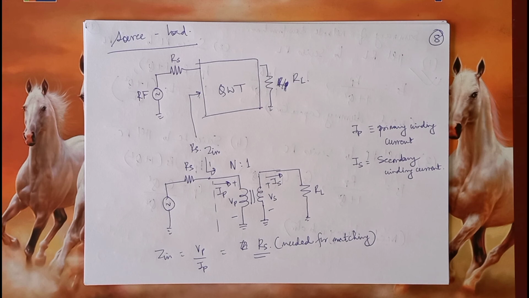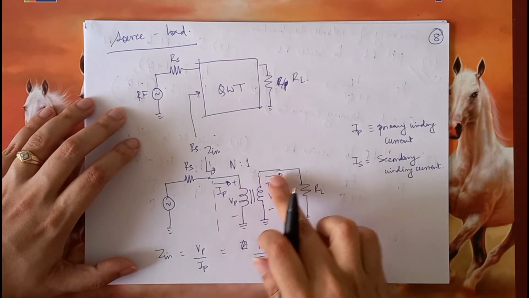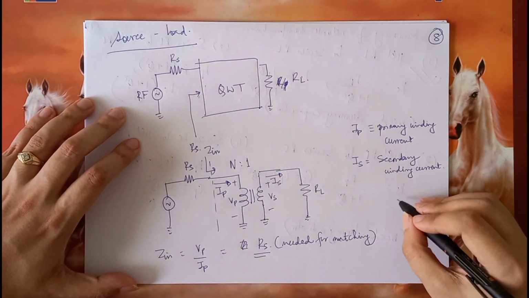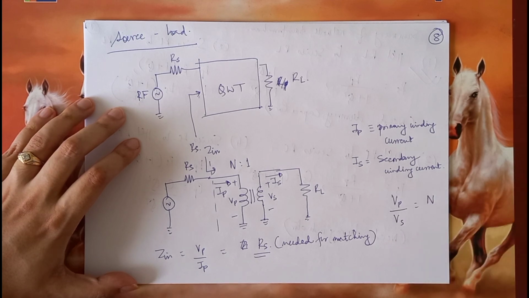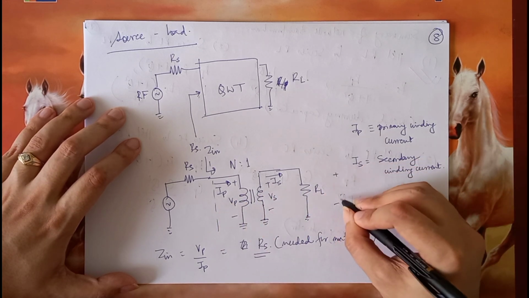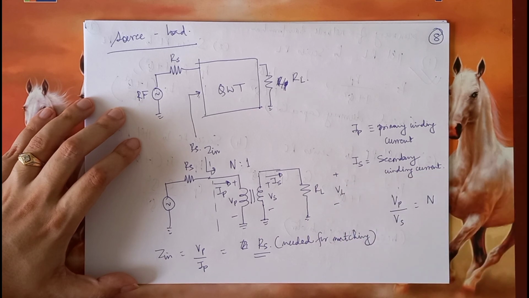So now by the transformer equation we can say that Vp by Vs is actually N. That is how the two are related. Let us say the load voltage is some VL, which is also equal to Vs, because they are parallel.